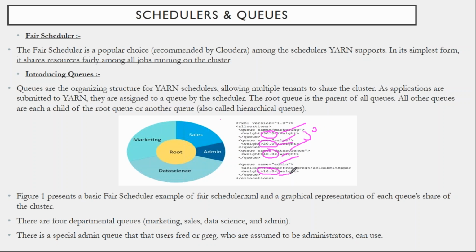Now, what you need to understand is, whatever jobs your admin runs, they only have 10 GB of RAM. Your application master and your containers that are launched by this admin must be using that 10 GB only if queuing is enabled.